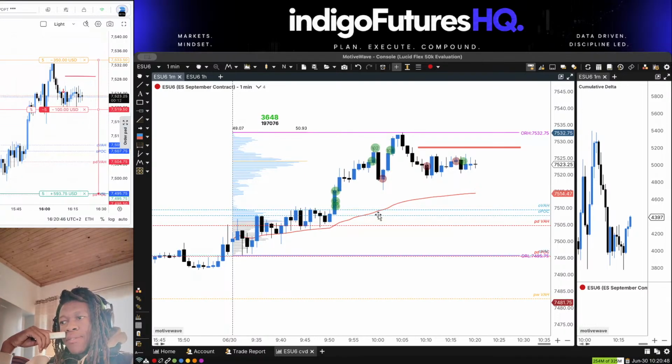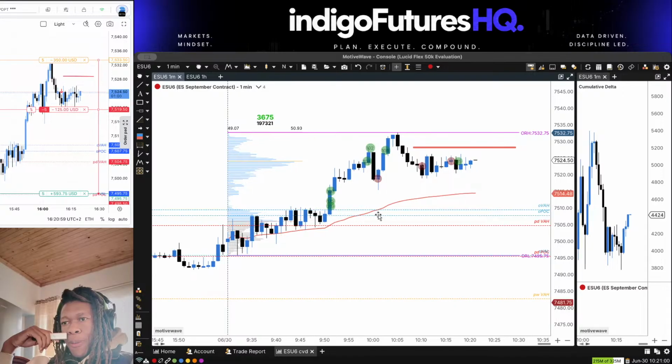And we do have quite a lot of roadblocks, to keep it a buck. There's the VWAP over there. We also have the overnight value area high, the overnight point of control, previous day value area high. A lot of levels that need to fall. That is something we need to consider.